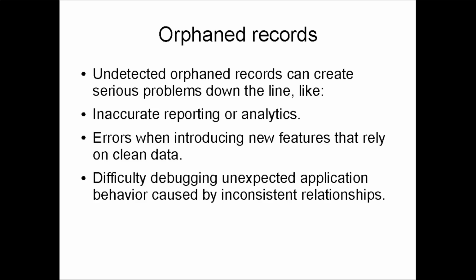A sales report might show fewer, or more, completed orders than actually exist. A customer activity log might miss certain interactions, because they reference a non-existent user. Financial summaries could have gaps, leading to incorrect decision-making at higher levels. When businesses rely on data-driven insights, inconsistent data can lead to costly mistakes.